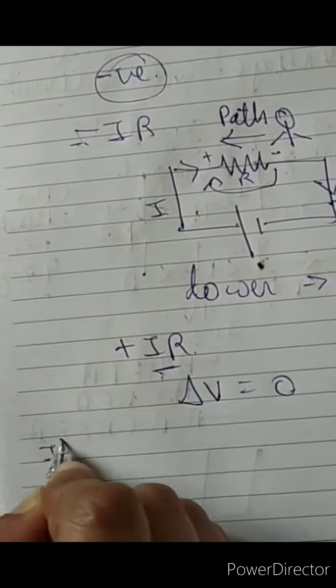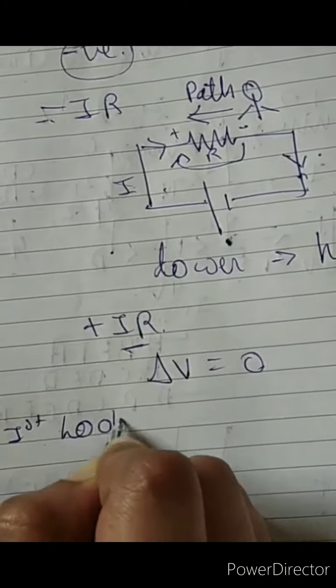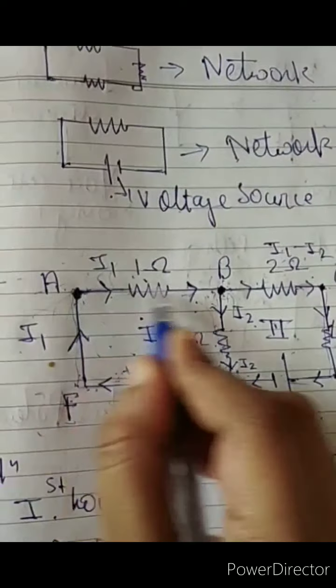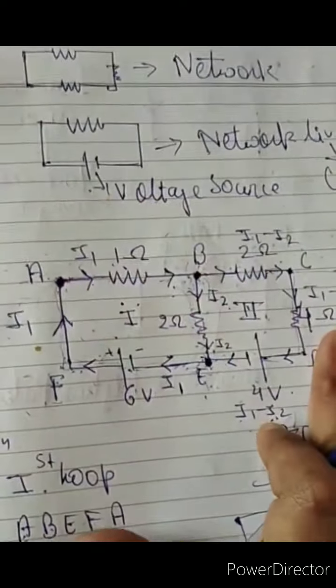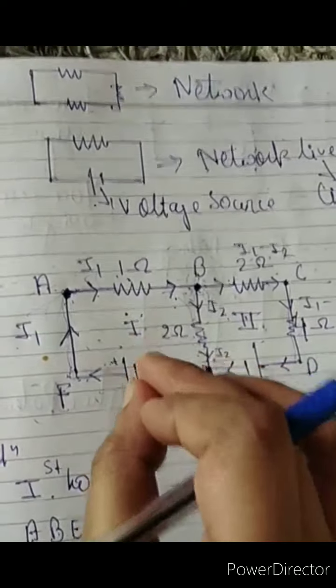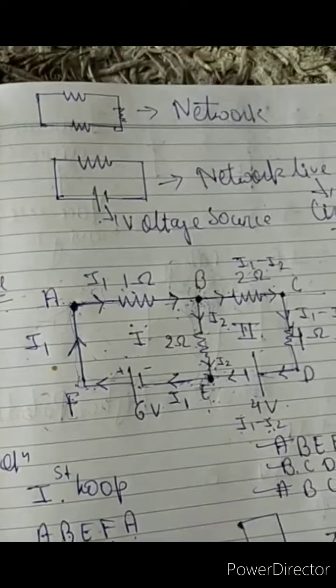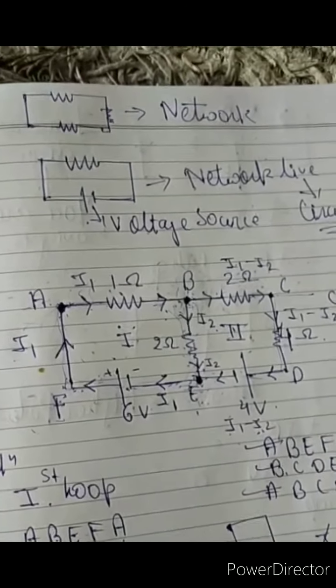First loop, we will solve the first loop. We know that this is my first loop and this is my direction of current. We have distributed everything. Now it is up to you which direction you want to travel. You have to choose the traversing direction.